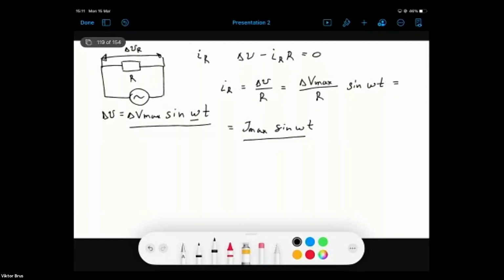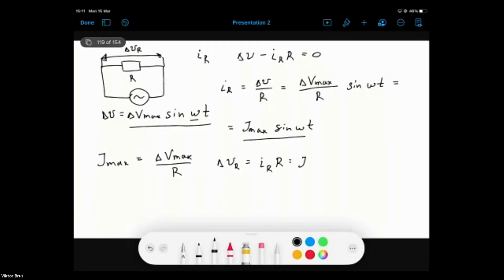So this maximum current I maximum is equal to the maximum voltage divided by resistance. And for the instantaneous voltage drop over the resistor, we can write that this is a product of the instantaneous current and the actual resistance of this resistor.